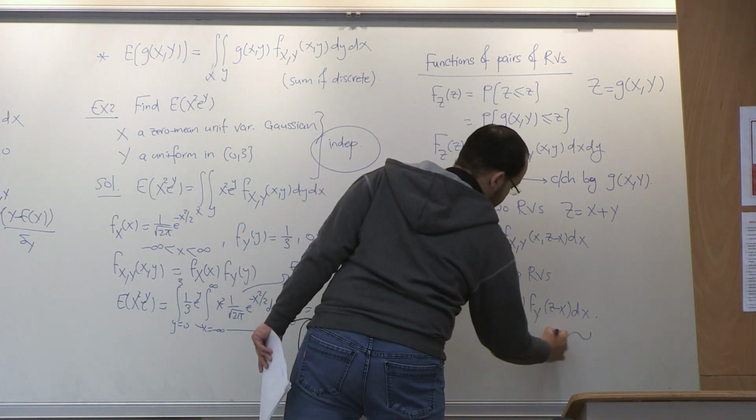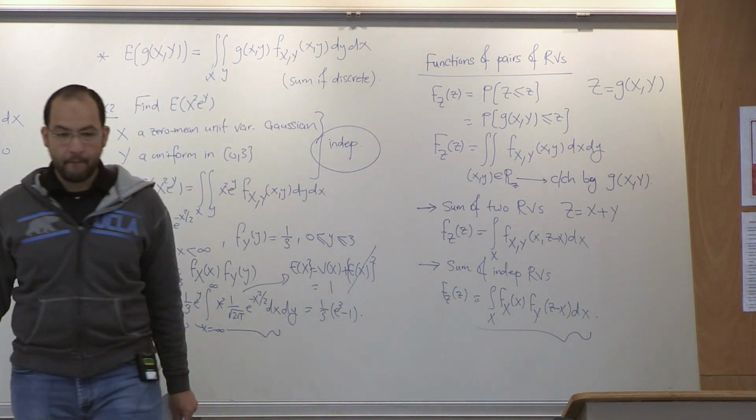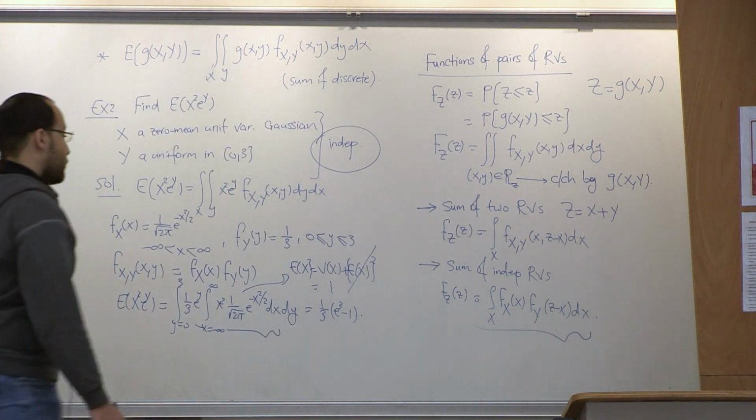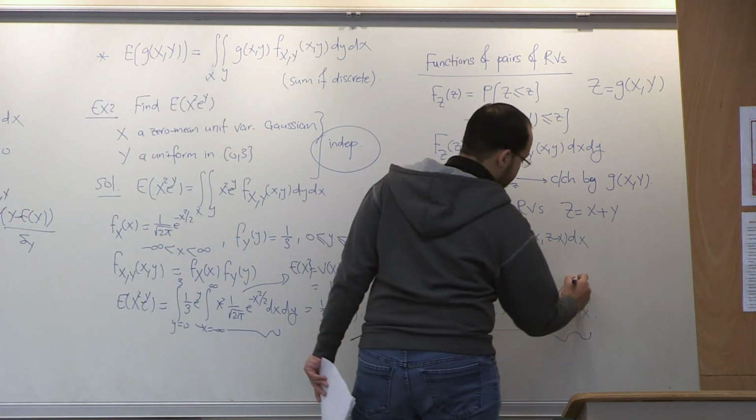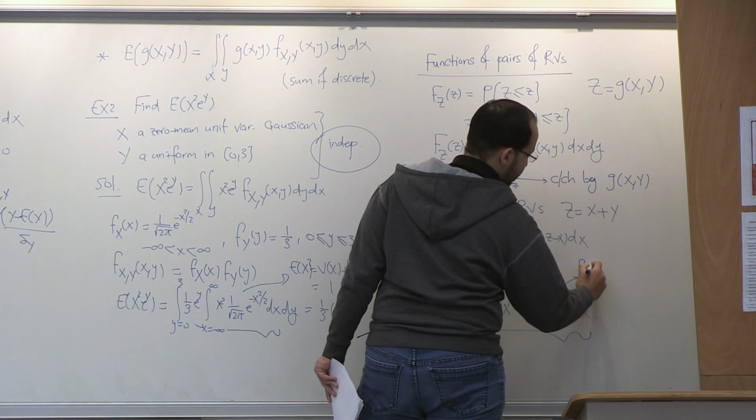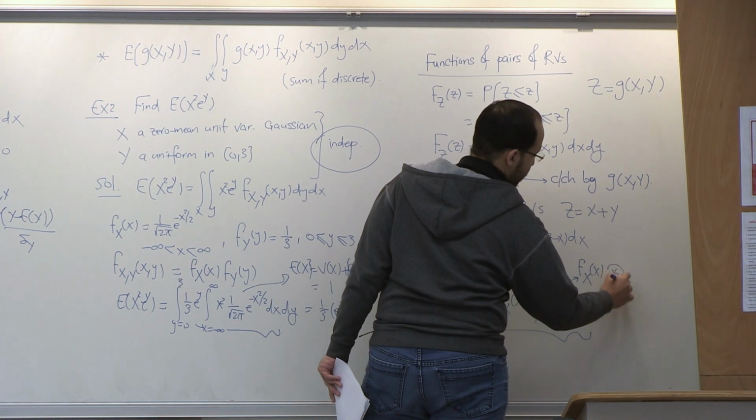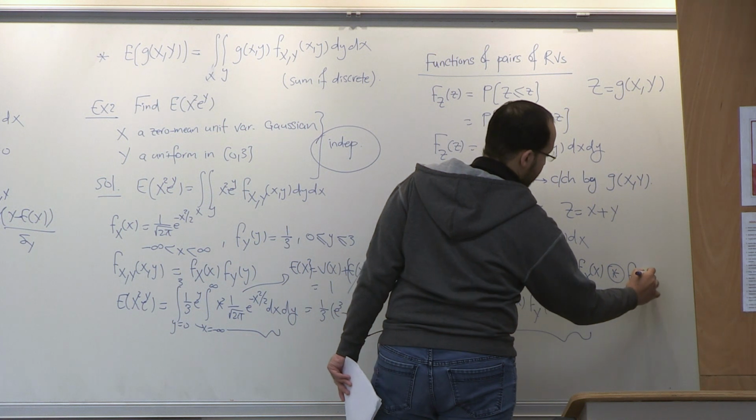What is this thing? Exactly, thank you. So this is the convolution between the two PDFs, f_X of x convolved with f_Y of y.